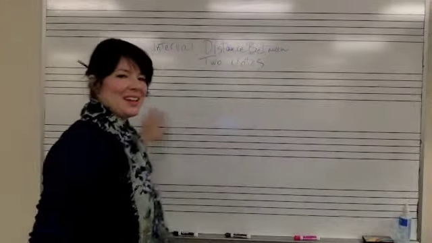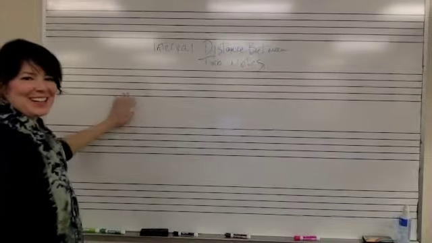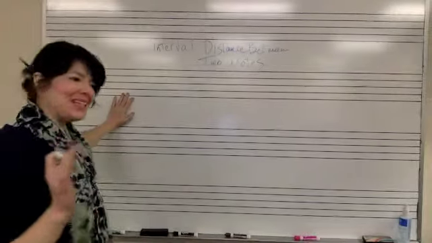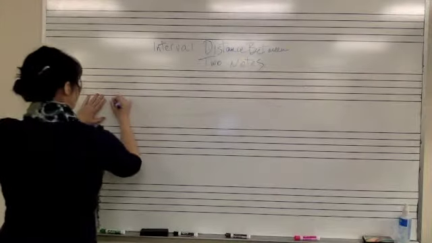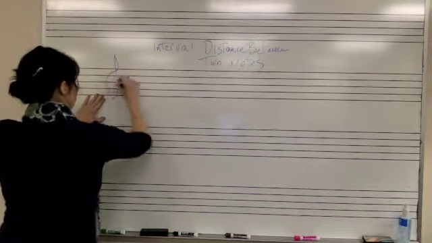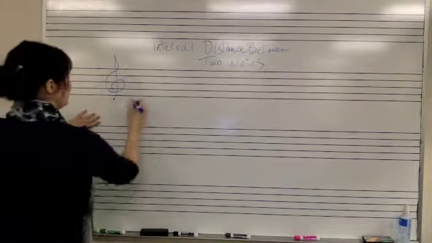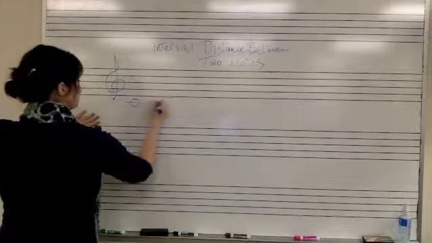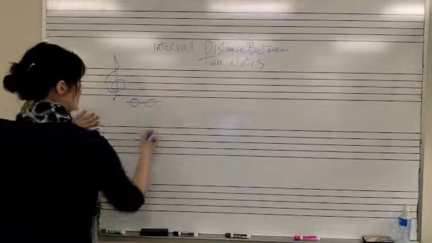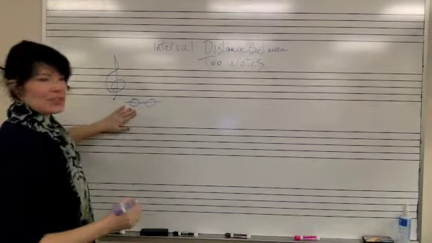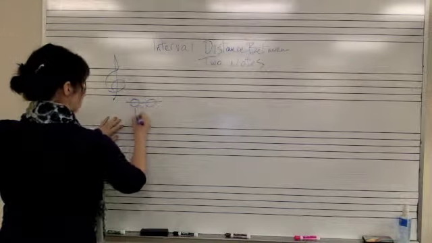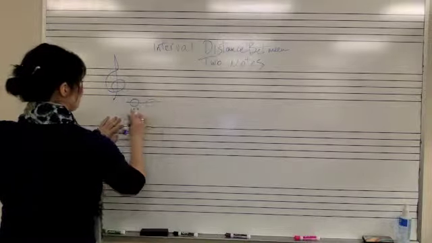All right, so if we look down here, basically it's straight up numbers. If we start at C, and we have two C's next to each other, the interval is 1. So you count from the one note to the next note.